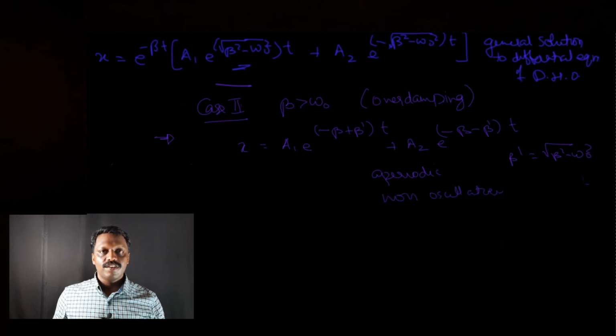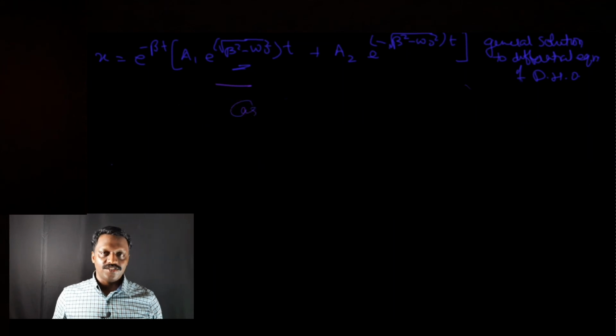So the graph will be representing a non-oscillatory motion. The particle or the body attains rest without crossing the mean position. Now let us move on to case 3, in which beta equal to omega naught, which is the only case left. This is known as the critically damped case.